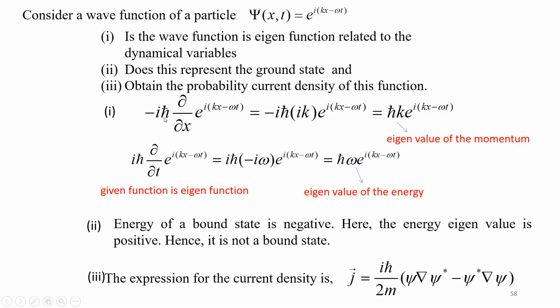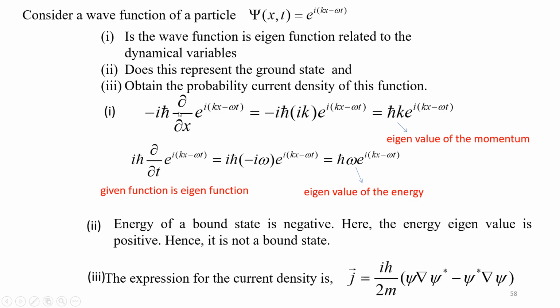So minus iħ d/dx is your momentum operator. The expression for the momentum operator is nothing but −iħ∇. So −iħ ∂/∂x of e^(i(kx − ωt)); when you differentiate with respect to x, that will give us ik.